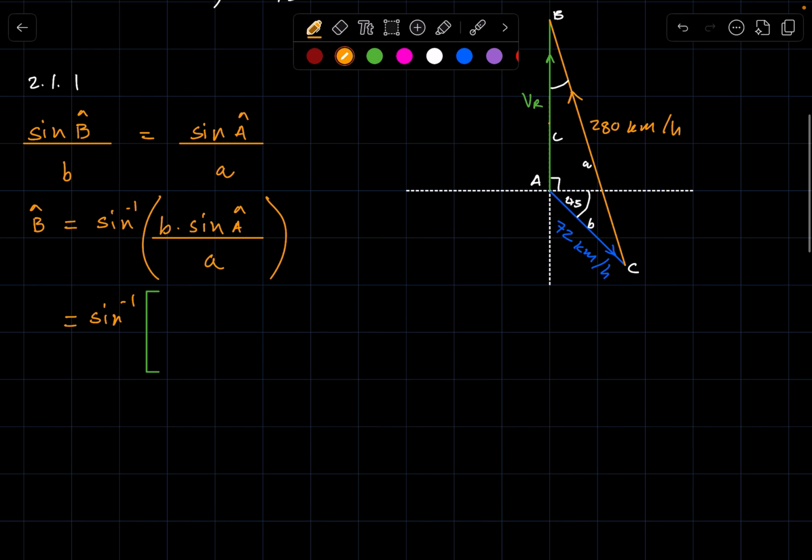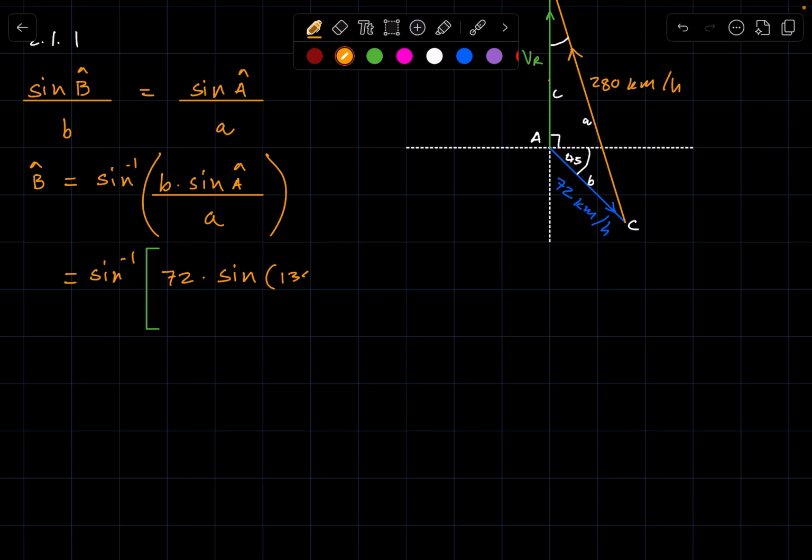Side B is 72, so you have 72 times sine A. Angle A, remember, is 135. The 135 we get by adding the 90 plus the 45. 135 divided by side A. Side A is given here as the 280.